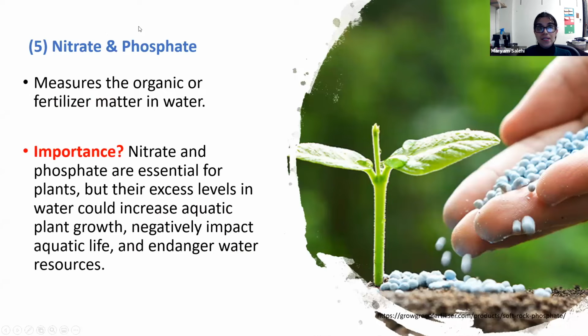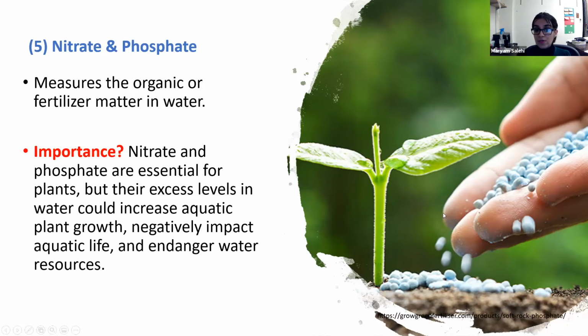The other criteria that we can measure for freshwater or stormwater is the concentration of nitrate and phosphate. These are a measure of the amount of fertilizers that are added to the water. For example, we use fertilizer for our garden, and then we have rain.